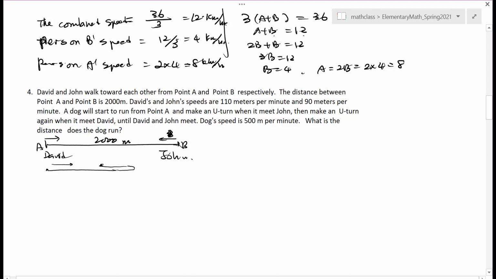Then when it meets David, the dog makes a U-turn again. Just keep it going between them, until the two meet, and the dog stays there. That's what happens, right? Okay, and how do we solve this problem?